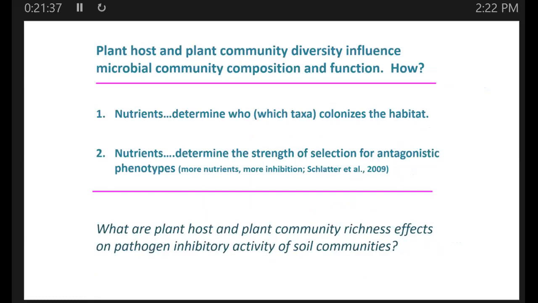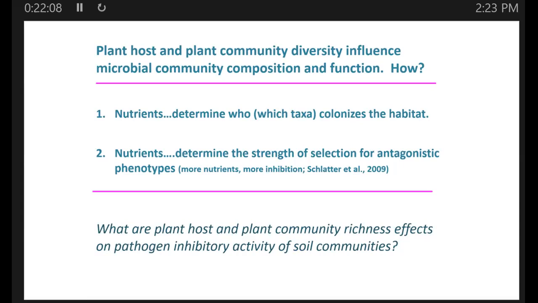So it seems that the nutrients that are leaking out into the soil from the plants that are growing there, that's where a lot of the nutrients are coming from, that the microbes are getting access to. It's the leaky roots coming from all the different crops that are growing there. And so the question is, okay, what happens if we have a monoculture plant system versus more of a polyculture where we have more than one species of plant growing in these fields?